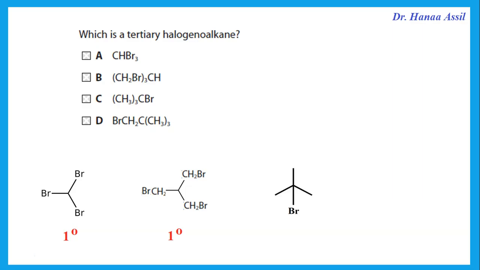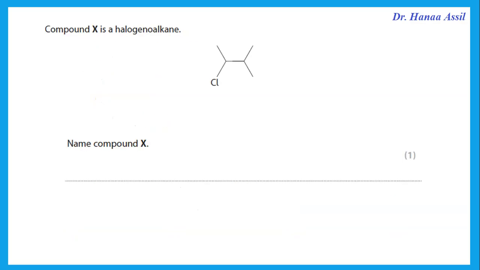This one, the Br is bonded to a carbon that's bonded to three other carbons. That's a tertiary halogenoalkane. While that last one is again a Br that is bonded to a carbon that's bonded to only one carbon, so that's a primary. So we're asked which one is tertiary. It is that one in which the Br is bonded to a carbon bonded to three other carbons.